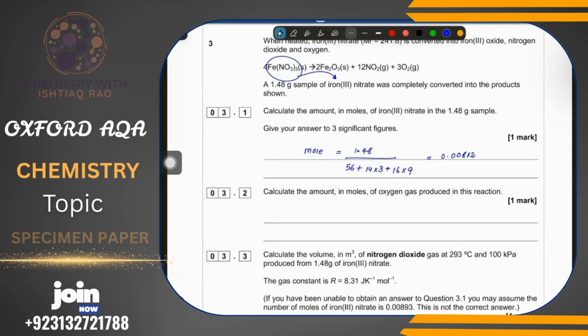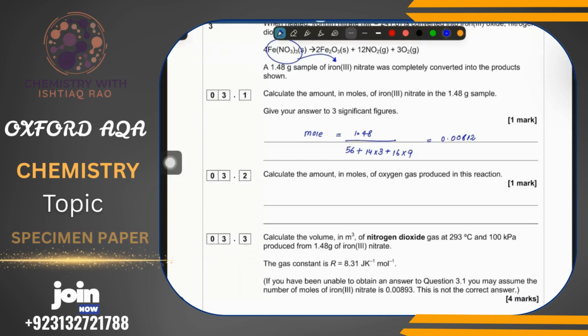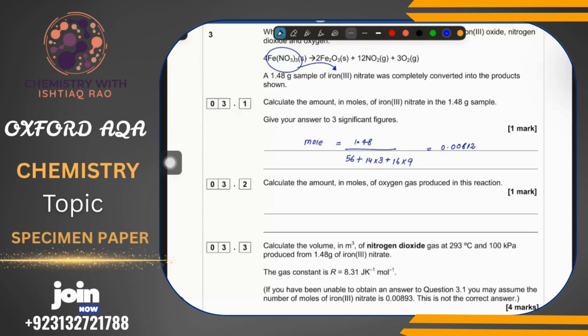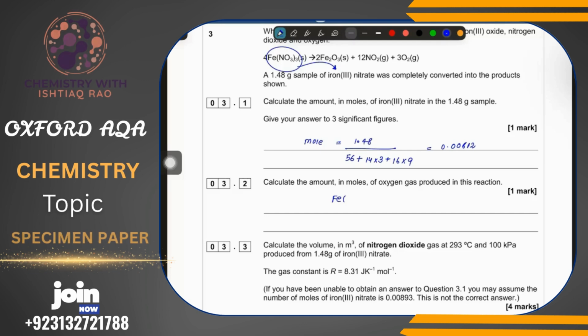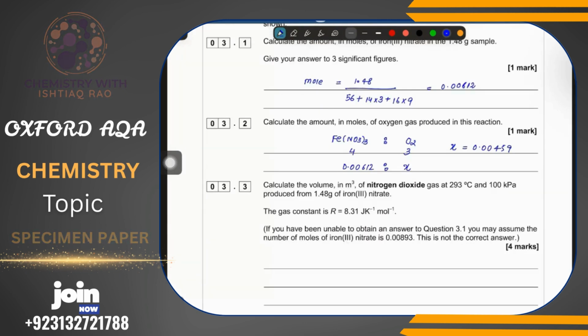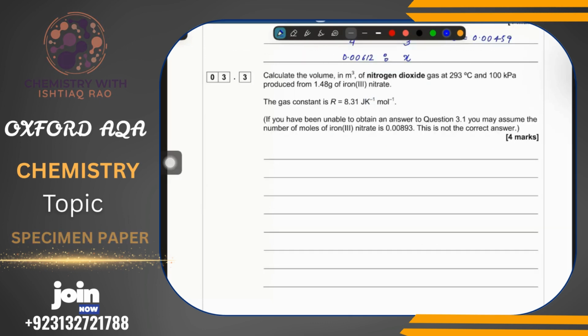In the molar ratio of 4 to 3, we can find that easily. 0.00612 times 3 divided by 4 is going to be 0.00459. It's of 4 marks.